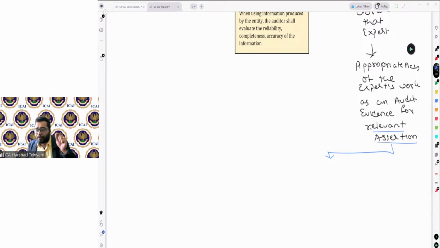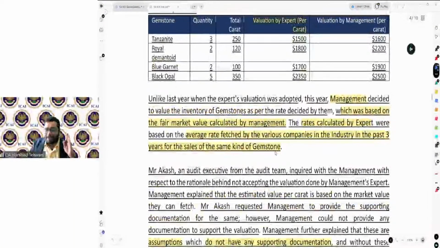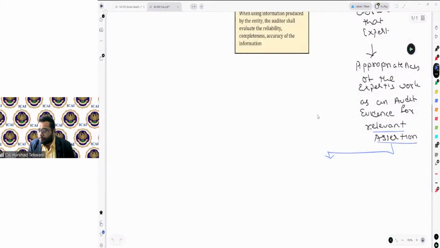If I want to consider the work performed by the management's expert, what is the relevant assertion? Correct, Janvi.